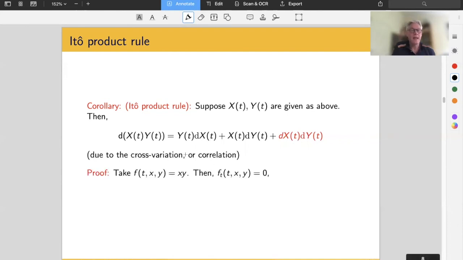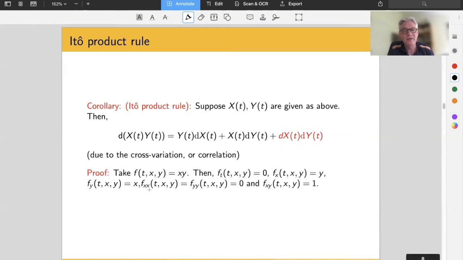And we can prove that corollary easily by making use of the two-dimensional Ito-Doeblin formula, and for that we would take our f(t, x, y) being x times y. So there's no time dependency, and therefore the first derivative with respect to time is equal to 0 in this case. The first derivative with respect to x of x times y is equal to y. The first derivative with respect to y is equal to x.